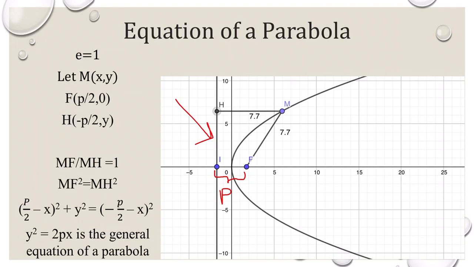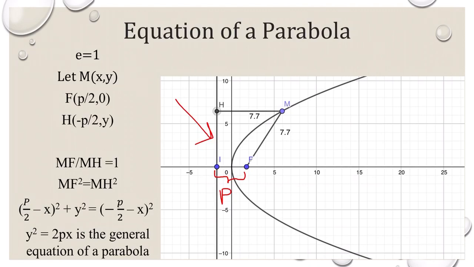Now the coordinates of H: the abscissa is minus P over 2, because it's the same abscissa as I, and the ordinate is the same as M, which is Y, because we took M as a variable point of coordinates X and Y. Now what do we know about this parabola?